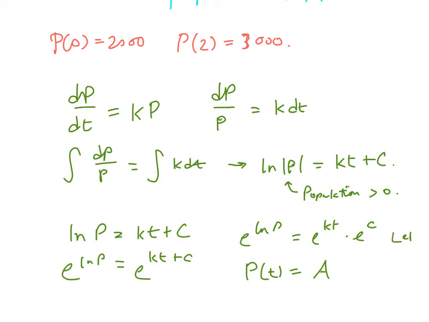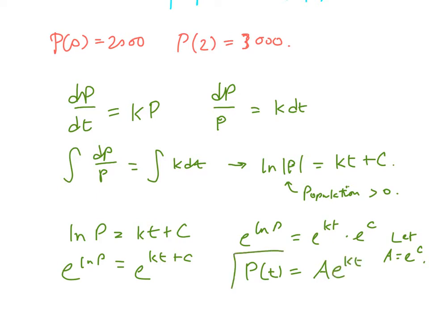So let me just put over here, I'm letting a equal e to the c. It's always a good habit to do that, just so that people know what you're doing. Okay, sorry, I'm just trying to clean up my penmanship there. Okay, e to the c. There we go. So p of t is going to equal a times e to the kt.